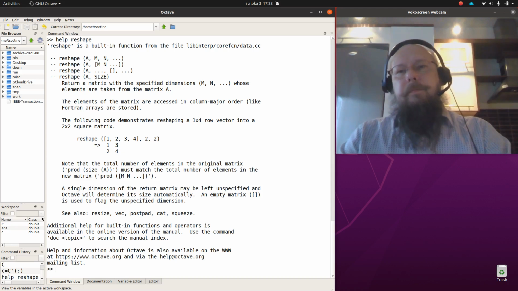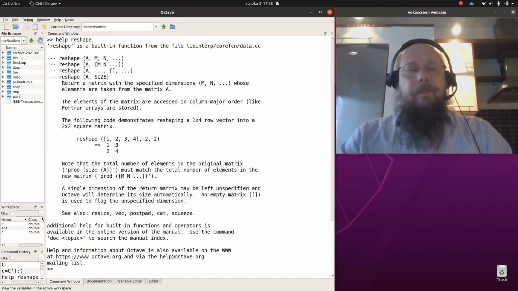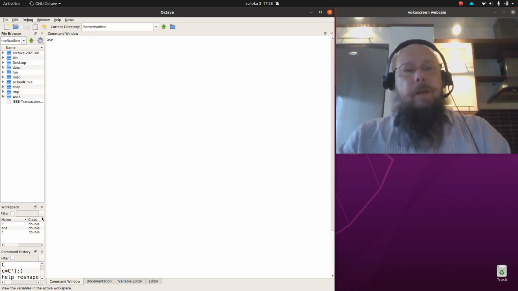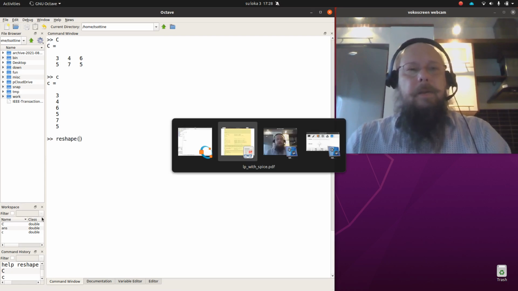So read that, please understand it, and the easiest way to understand it is, of course, try it out. So actually let us try it out. So we had the C capital like this, then we have a C like this. So we want to reshape this vector as a matrix. And let's try to do it.